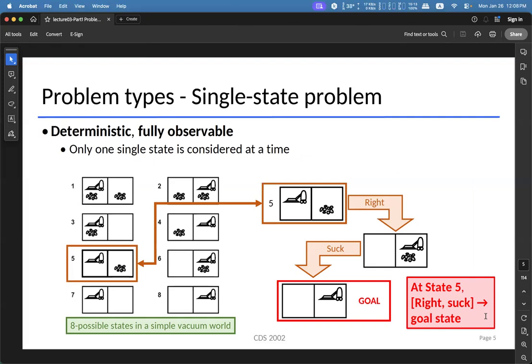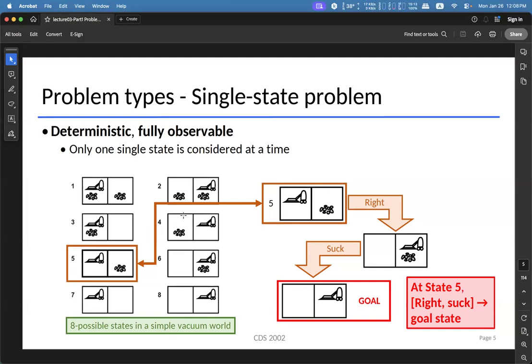Essentially in a single state problem, we define the configuration of the environment as a state, and we consider the agent changing the environment as changing the state of the environment.